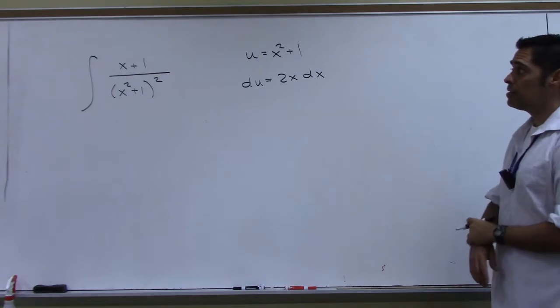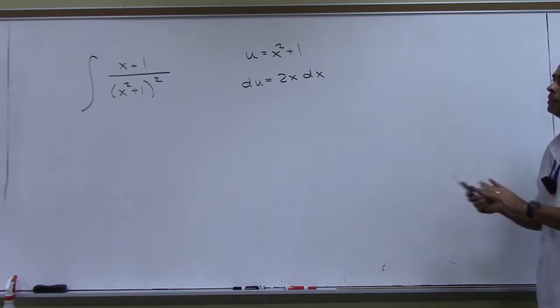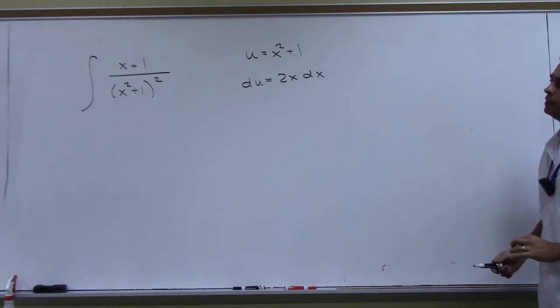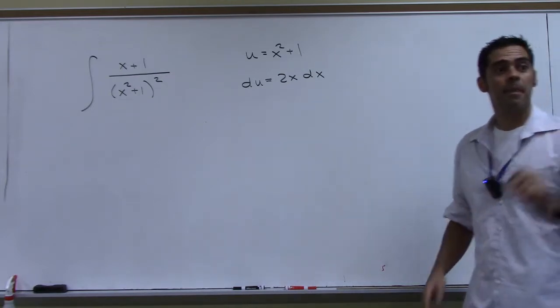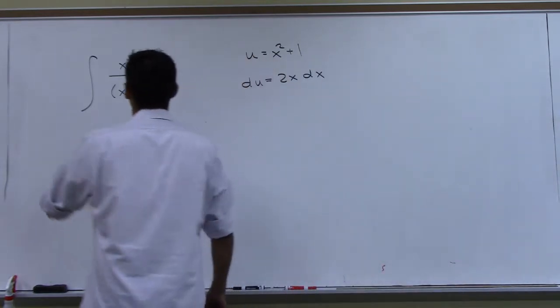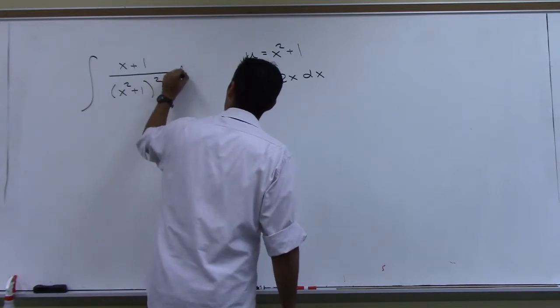Do I have 2x dx? I can try and make one, right? Oh yeah, I forgot to write dx. Did I put it up there? Yes, I did. Sorry. Thank you.